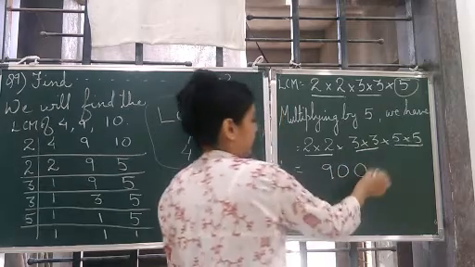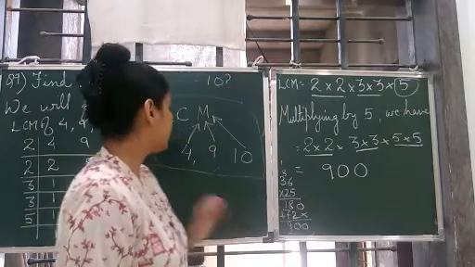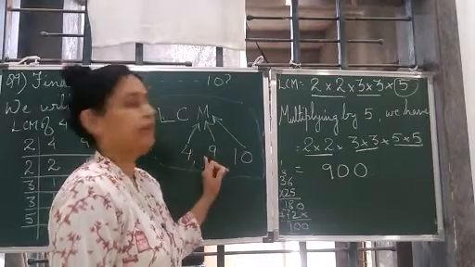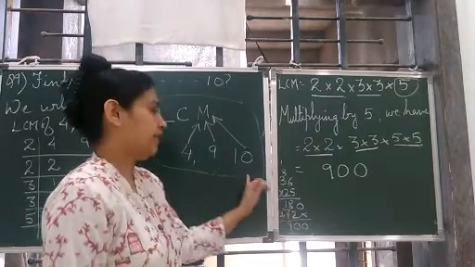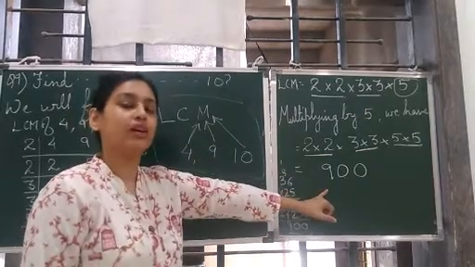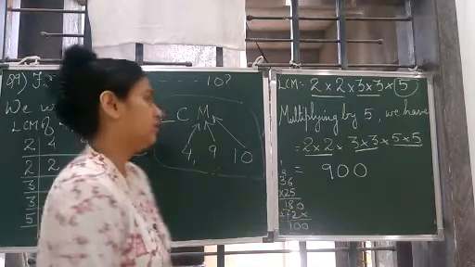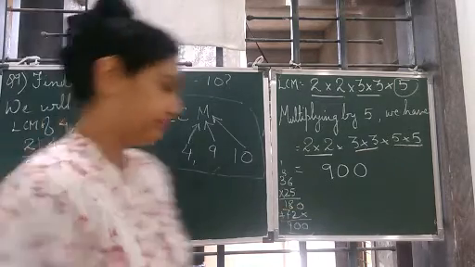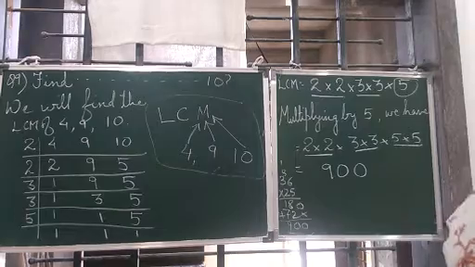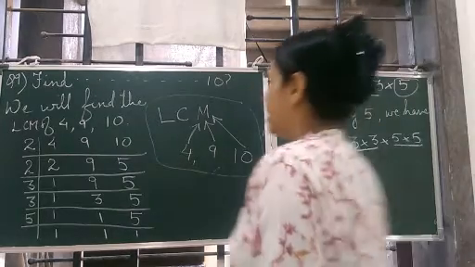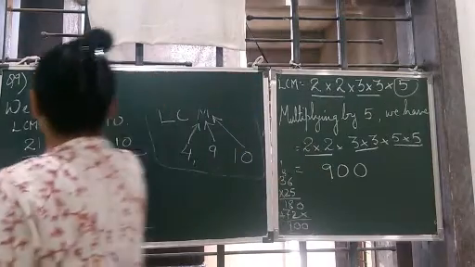So the smallest number which is divisible by 4, by 9 and by 10 is 900 and also a square number. Okay. So this is how we solve. So this completes your question number 9. Now we start with question number 10.